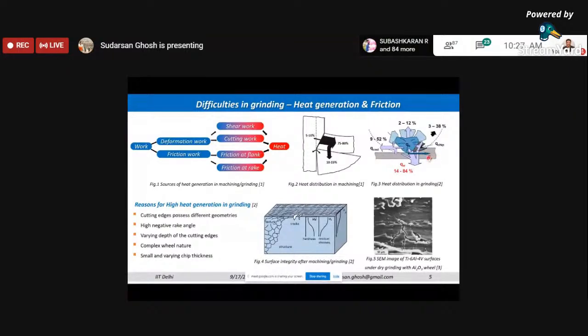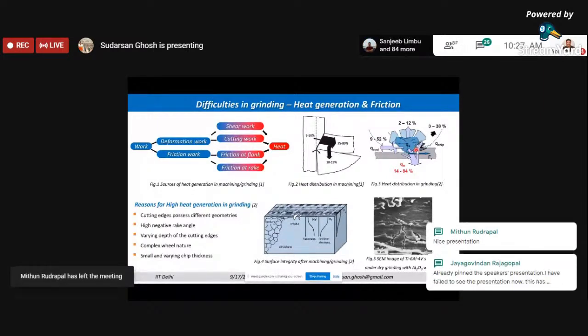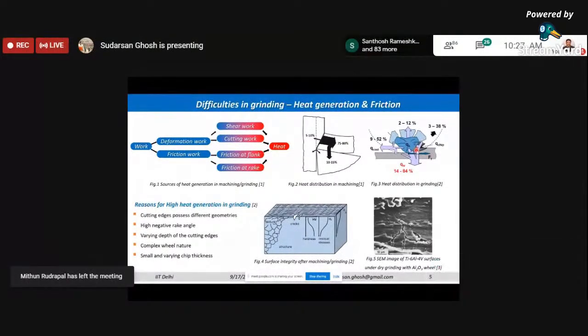Why is it detrimental? Once the work material gets heated, the top layer of the work material, which is touching the grinding wheel surface, will become heated first, and consequently, as we know, when material gets heated, the material tends to expand. So when the material is expanding, what happens? As you go below the surface, there is a temperature gradient.